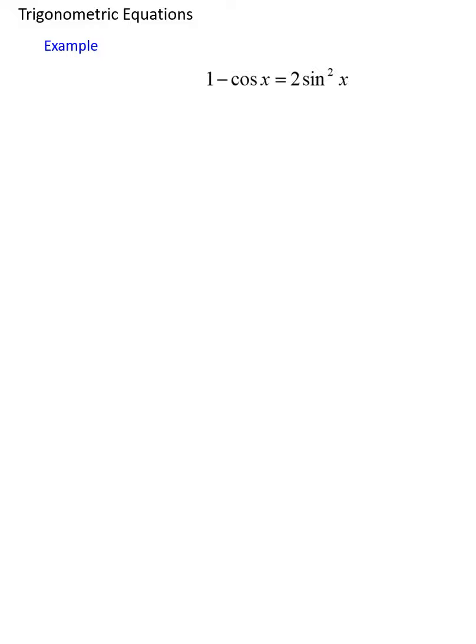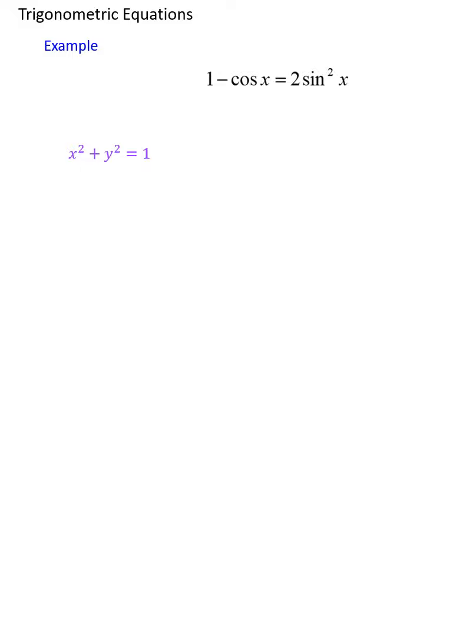So first of all, I'm going to deal with the sine squared. And I'm going to tell you how I'm going to deal with that right now. We all recall that the equation of the unit circle is x squared plus y squared equals 1.